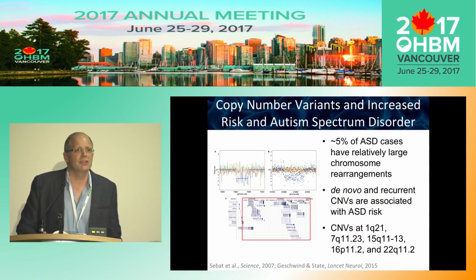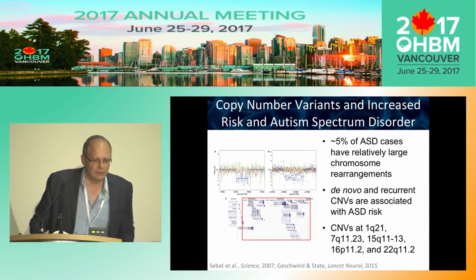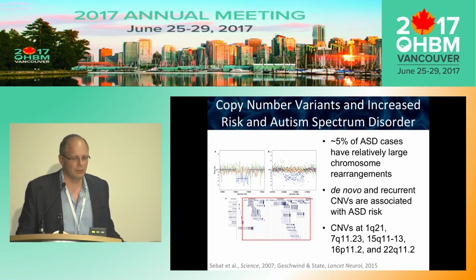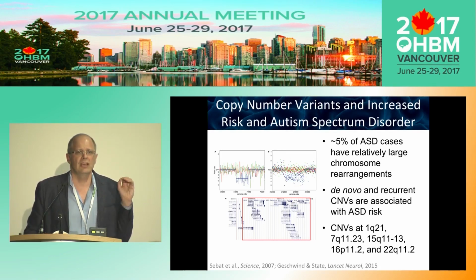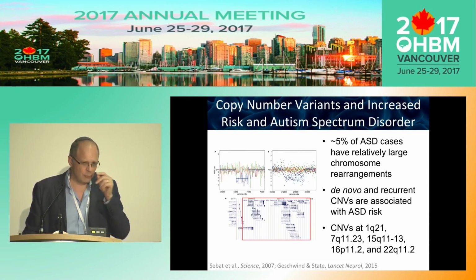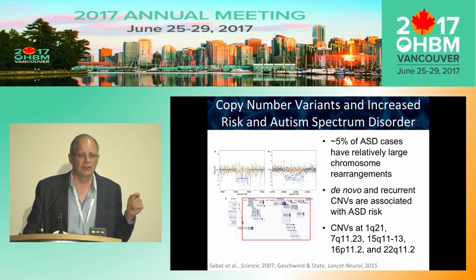So what do we know about CNVs and their relationship to brain-related diseases? The first was a big paper by Jonathan Sebat and colleagues in 2007, where they showed that CNVs were associated with increased liability for autism. Subsequent work has suggested that about 5% of the cases with autism have a relatively large chromosomal rearrangement or a CNV.